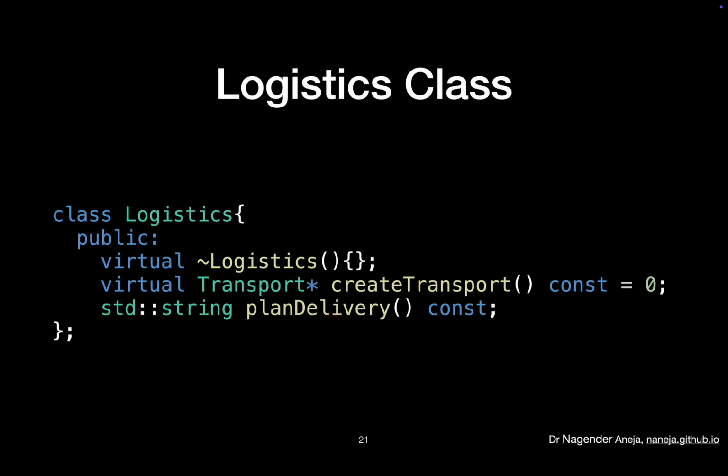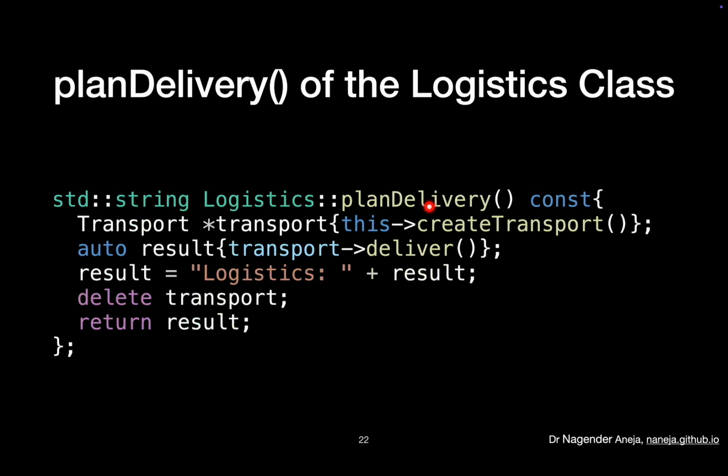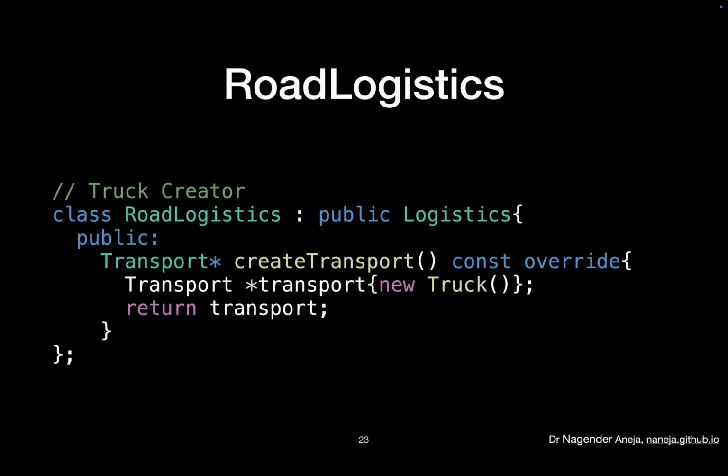No need to make it virtual, because this plan delivery can use the product returned by create transport and can call the deliver function. So plan delivery can call create transport, and we get the transport, and from this transport we can call deliver and get the result, and then we can delete this transport and return the result that the product is delivered.